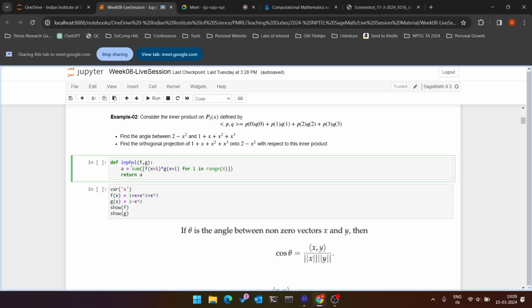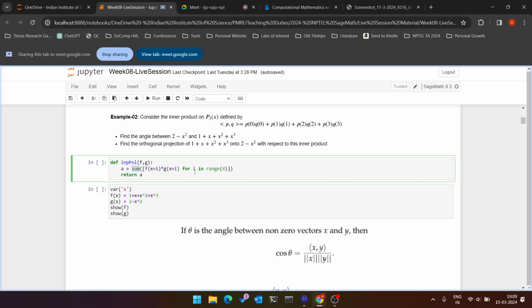So we first begin by writing down the definition of the inner product between polynomials f and g, and we just write it as the sum of f evaluated at x equal to i into g evaluated at x equal to i, for i in the range of 4.